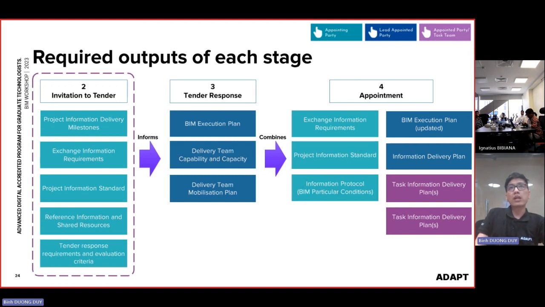So at SMEC and HJ we are just an appointed party, meaning sub-consultants or designers, not really the lead appointed party. Usually the lead appointed party for a big project should be the main contractor.